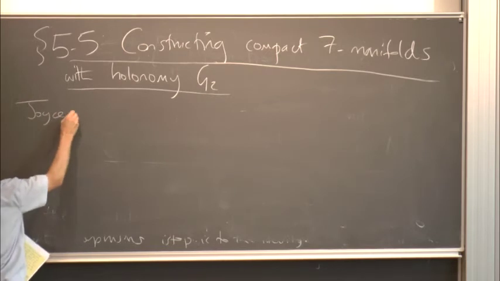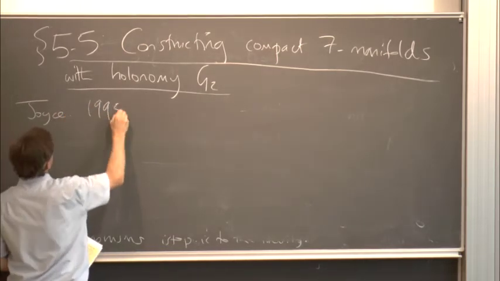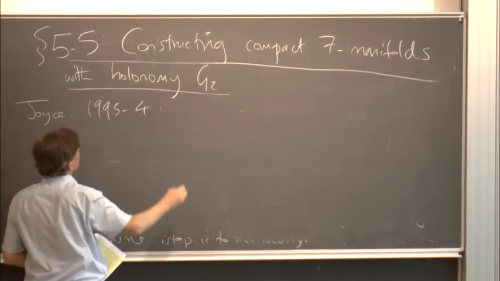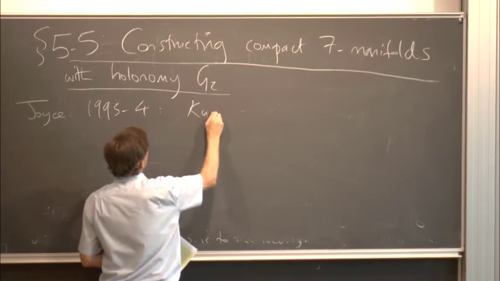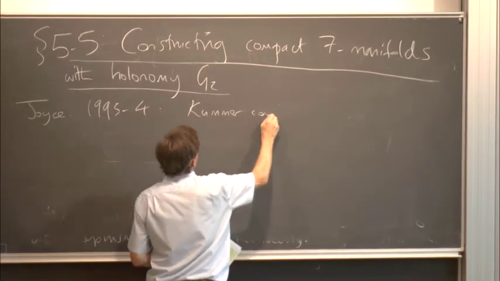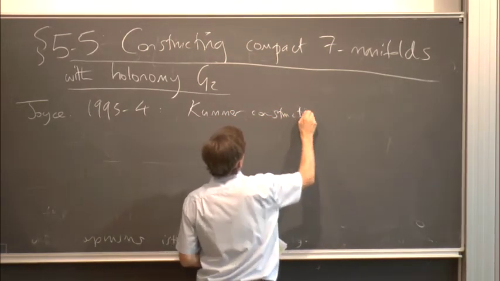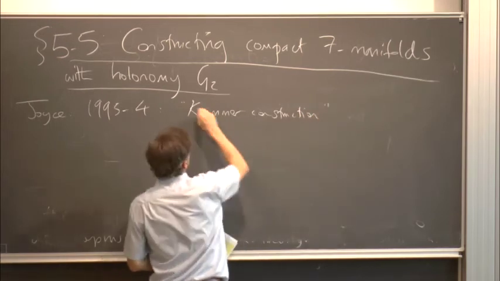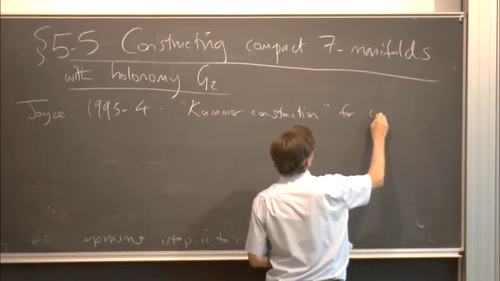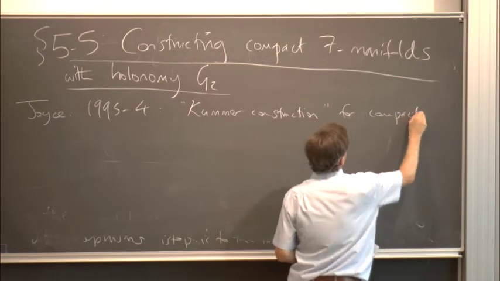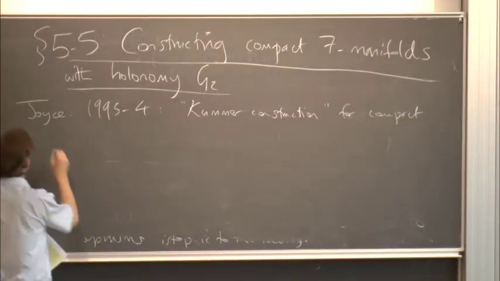by me in 1993 to 4, a kind of Kummer construction for compact 7 manifolds with holonomy G2.